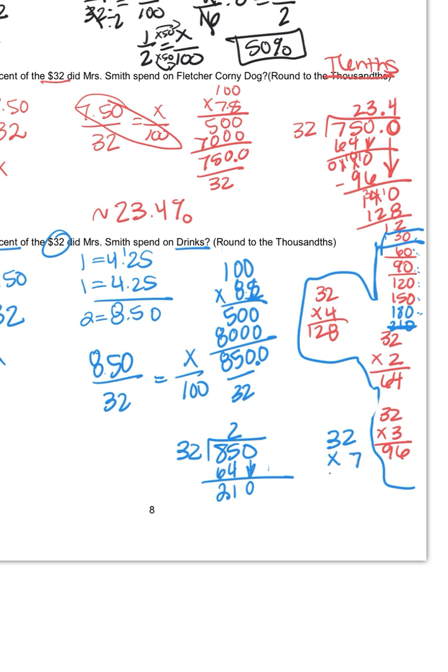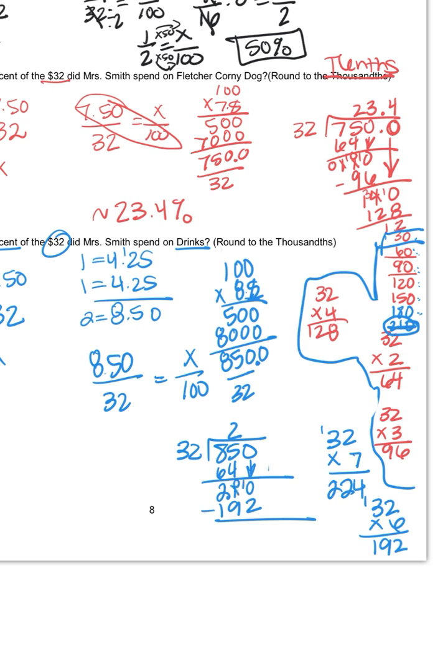If I did 32 times 7, 3 times 7 is 21, plus 1 more is 22. That's not going to be 210. This was just an estimate if it was 30. So 32 times 6, 6 times 2 is 12, carry the 1. 6 times 3 is 18, plus 1 more is 19. That's what I did, just trying to help you guys out by thinking with 30s.